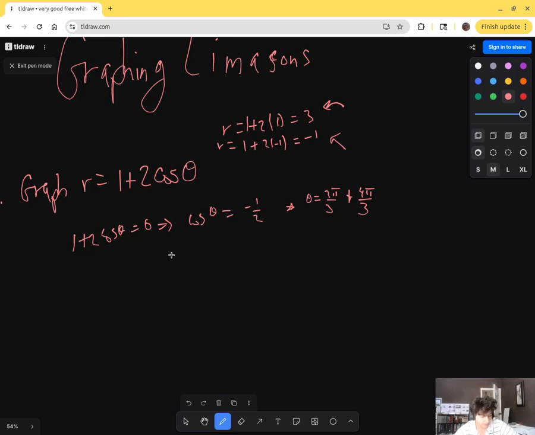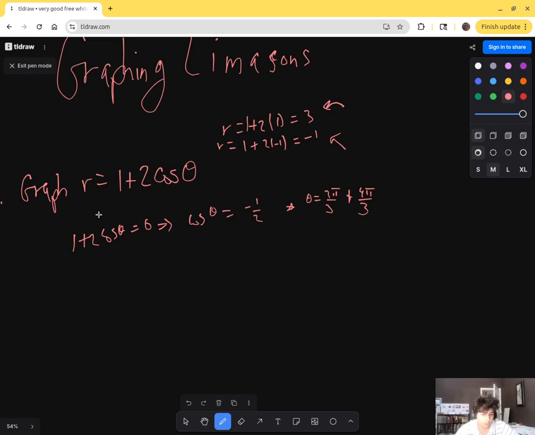Next, let's evaluate r at the values that we like. We like 0, pi over 2, pi, 3 pi over 2.